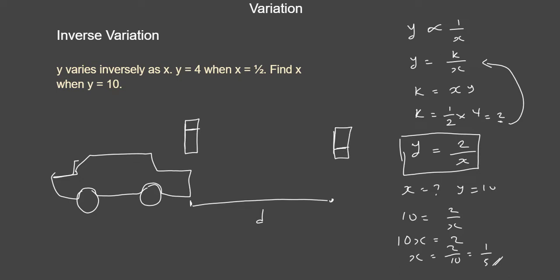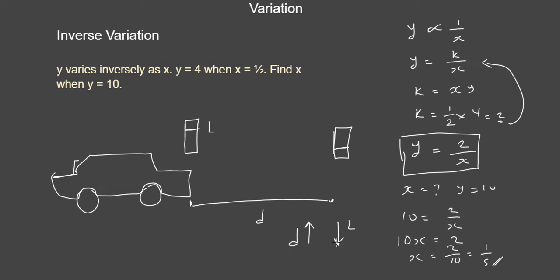So you can see that as the distance goes up, the fuel level, which is L, goes down. In this kind of relationship where one goes up and the other goes down, you call that inverse variation. That's what it means literally. But in the case of direct variation, as one goes up, the other goes up too.